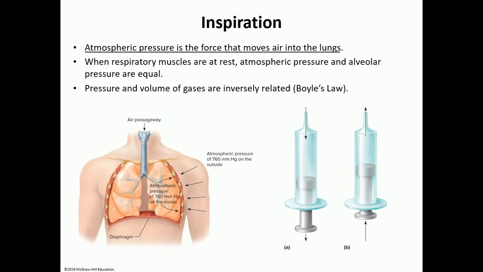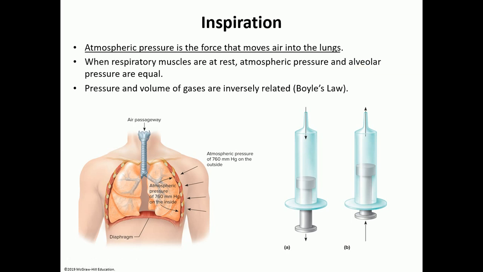Okay, and in order for us to inhale, there has to be a difference in pressure. You want to think that there are two different pressures playing out here. There's the atmospheric pressure, which is on the outside of the body, and then there is the pressure inside of the lungs. So we have the intrathoracic pressure, or the alveolar pressure, which is the pressure inside of the alveoli.